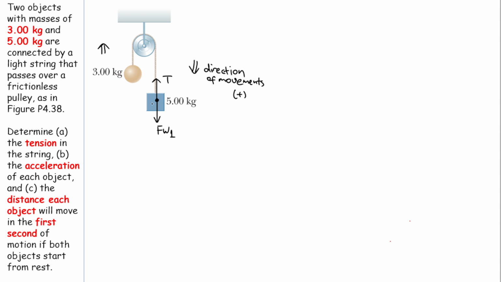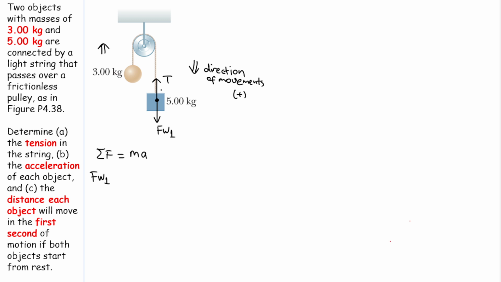Now let's apply Newton's second law to this first object. We have sigma F equals mass times acceleration. The positive direction is the direction of movement, which is this one, so I will have FW1.